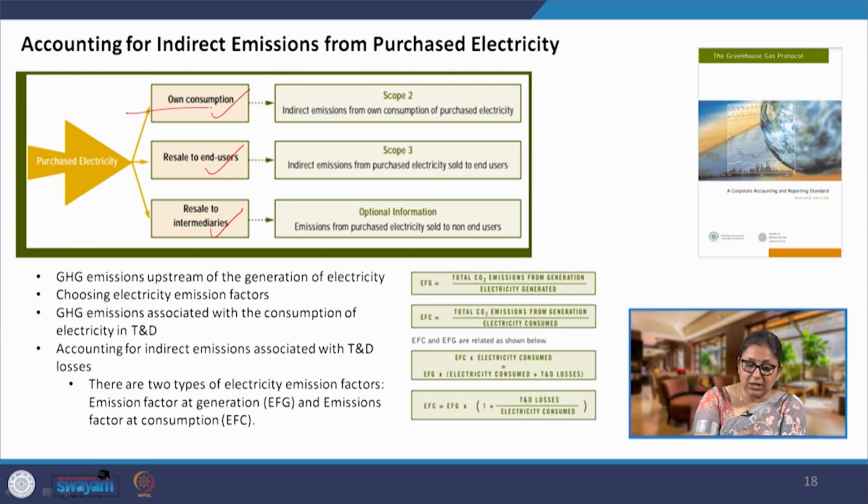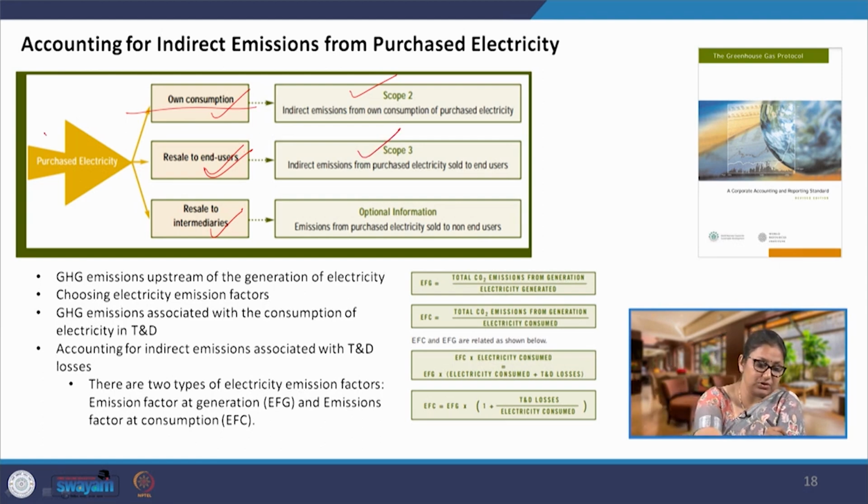So, for own consumption, the emissions from that are still going in scope 2, because we are not producing electricity, we are still purchasing electricity. Resale to the end users: now, this electricity has become a product which is going to the end users, and all the emissions that are accruing from their use are actually going in scope 3.